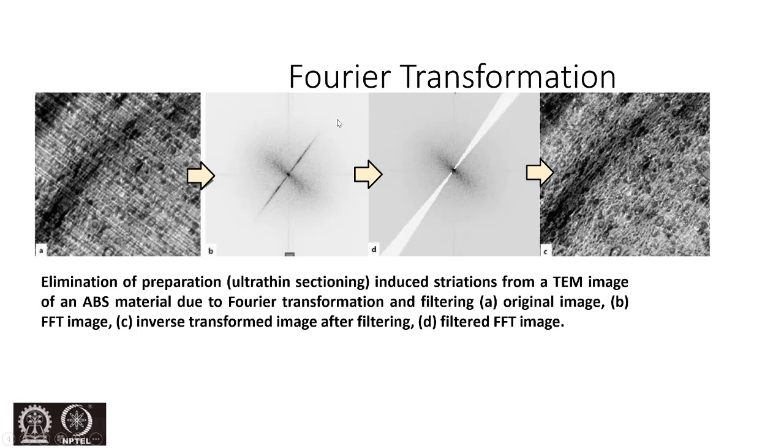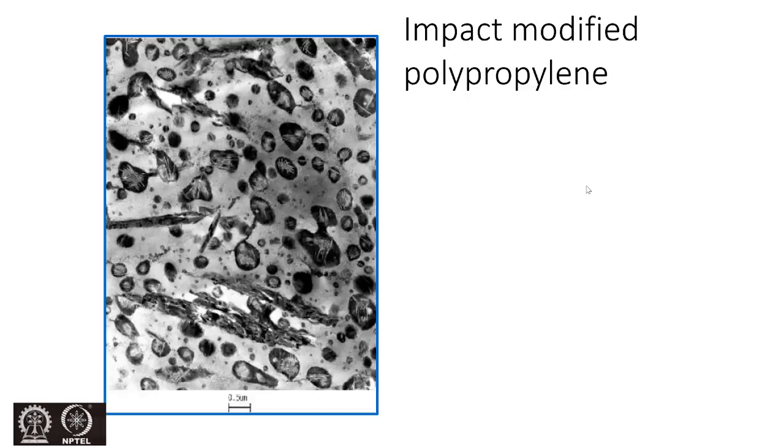This is taken from the TEM machine diffraction pattern. We can take that, or also the Fourier transform can be taken. This is called the FFT image. This is the original image, then this is the FFT image. Then we inverse it and filter it to get the Fourier transform image. This is the post-processing of these images.